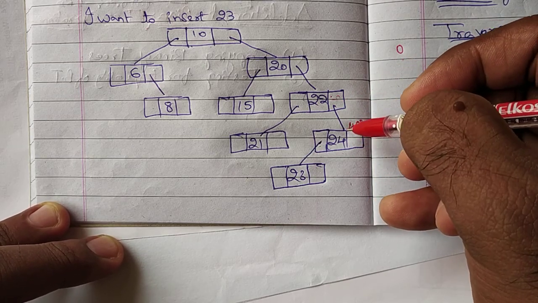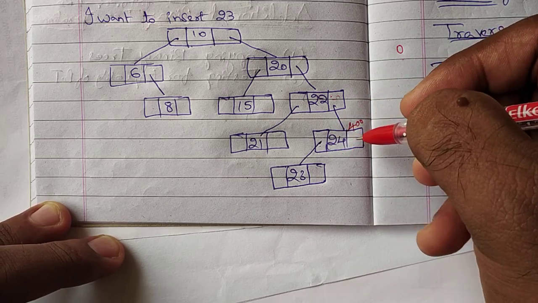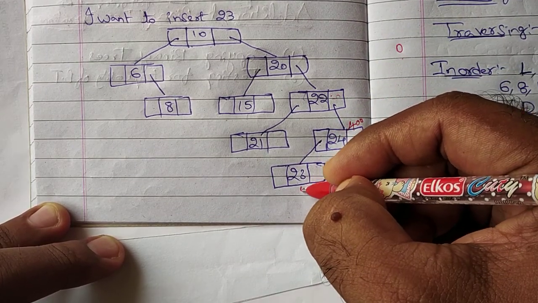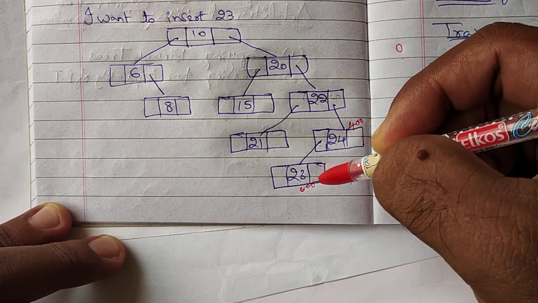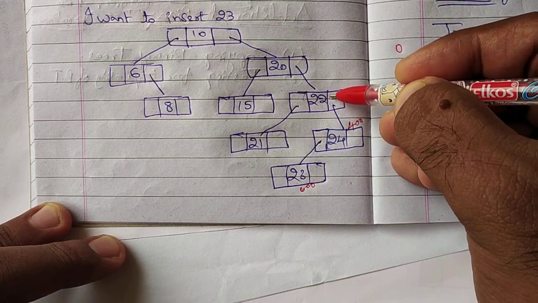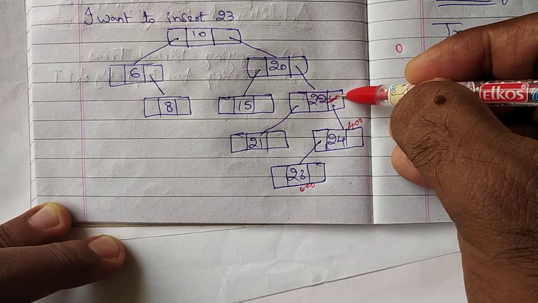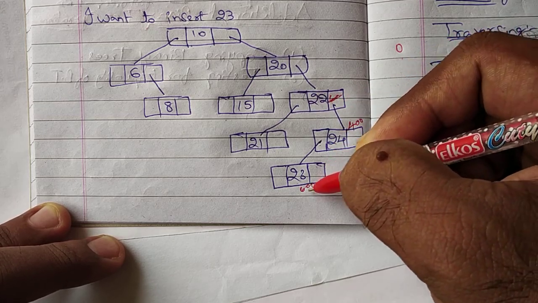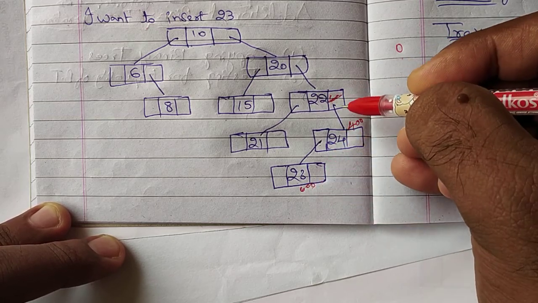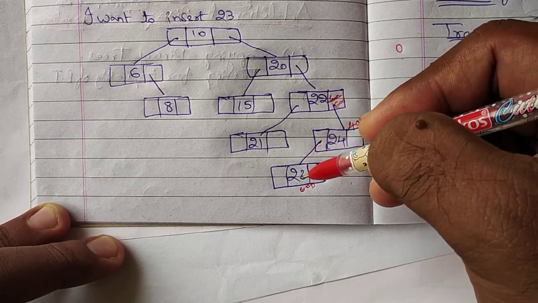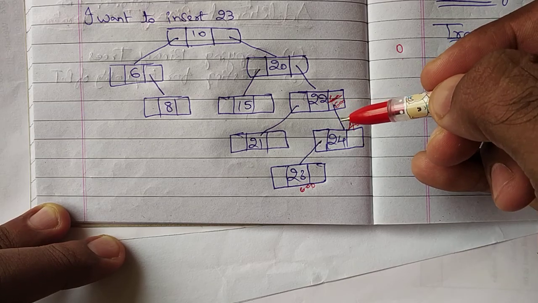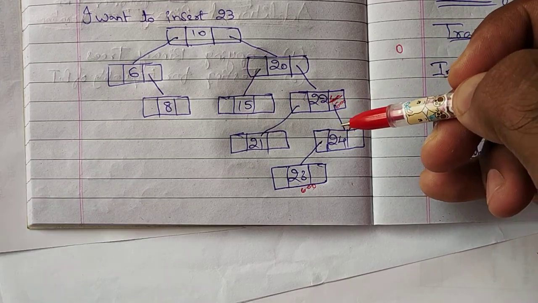But now I want to delete 24. Assume the address of 23 is 600. So before deleting 24, the previous 400 is replaced with this node's address 600. Then only will we keep that link as it is. Otherwise it will destroy the links.